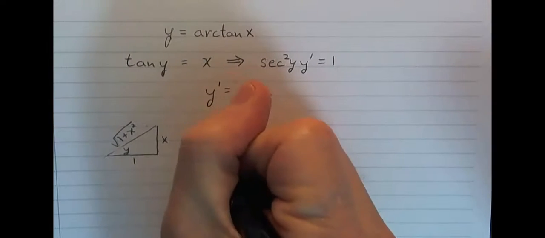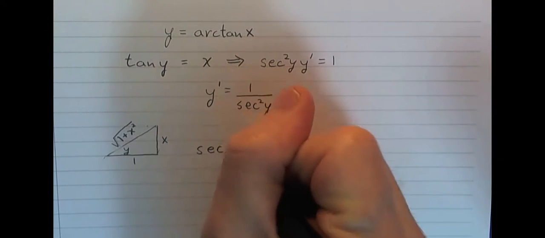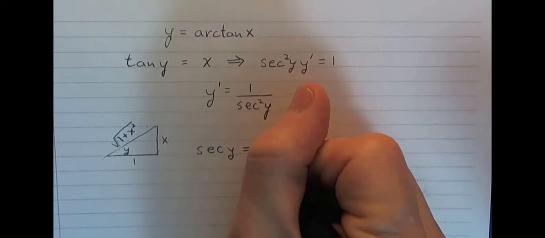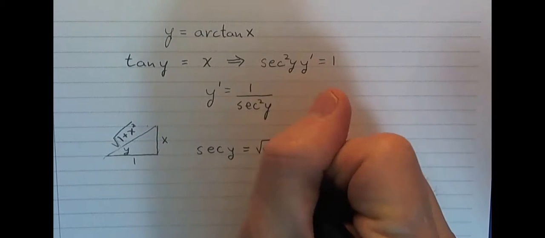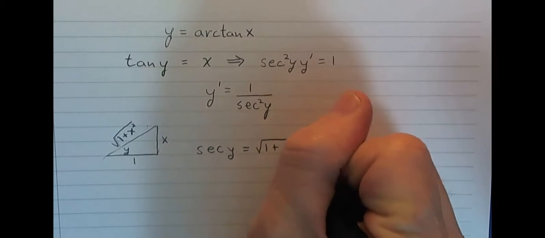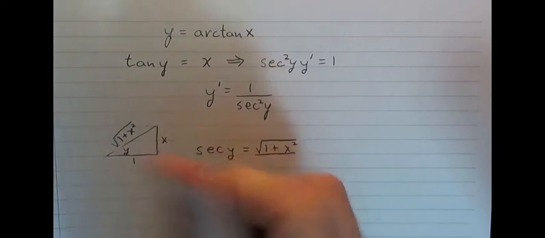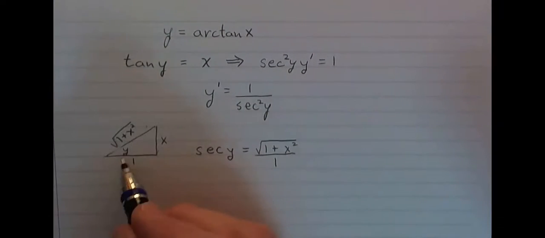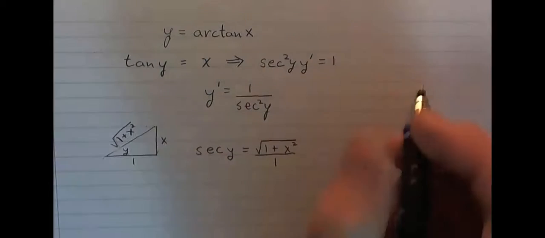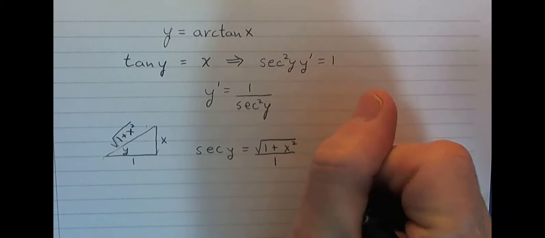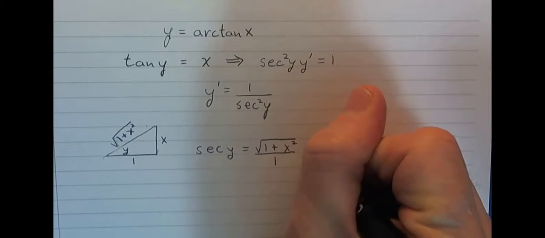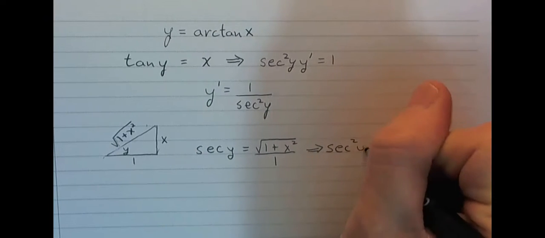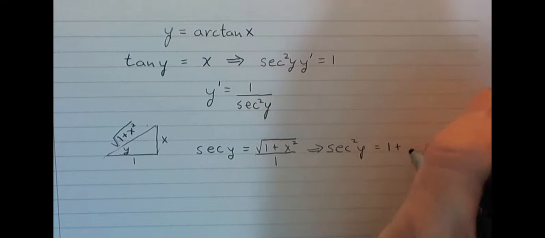So we know then that secant y is going to be hypotenuse over adjacent. Remember how secant is hypotenuse over adjacent. So what about secant squared? Well, secant squared y would just be 1 plus x squared.